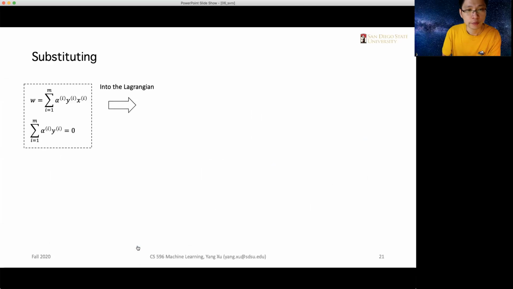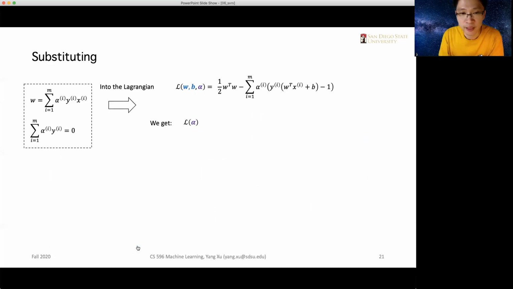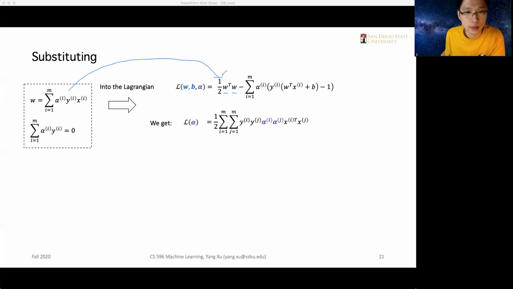Into the original Lagrangian, we will have something like this. We have only alpha left. This one is the result of replacing w with the summation of alpha times y times x.